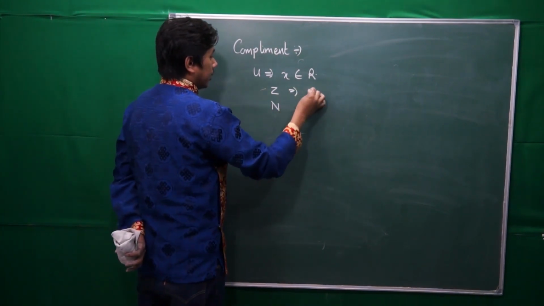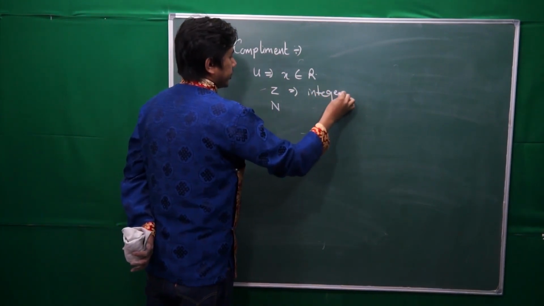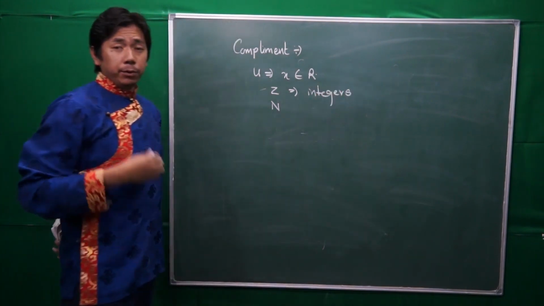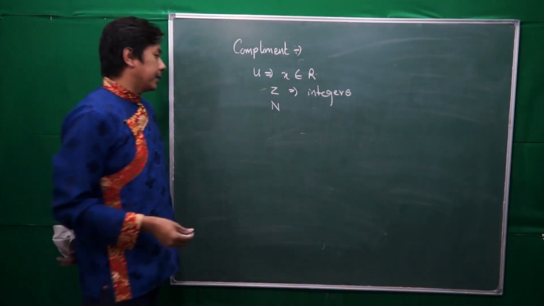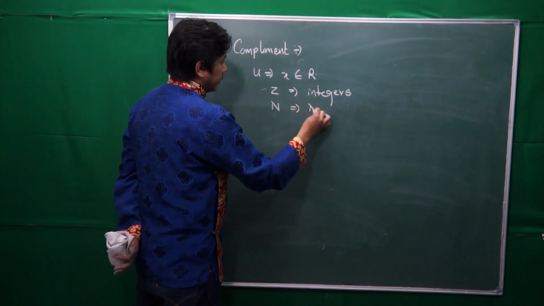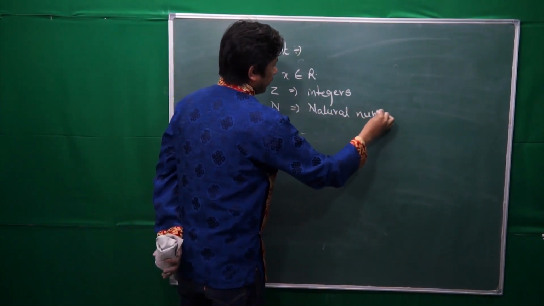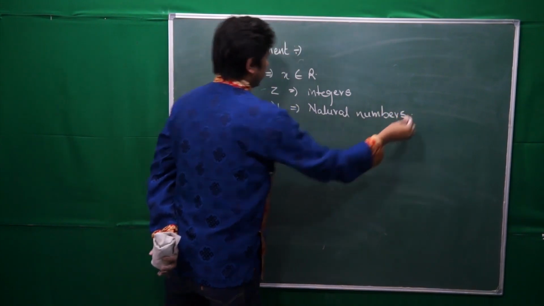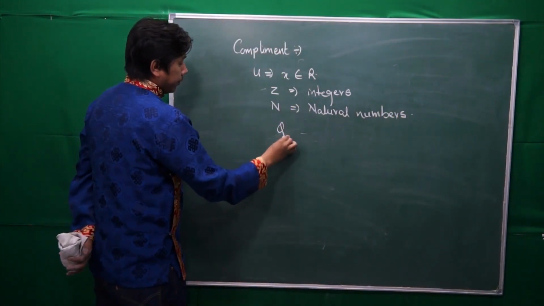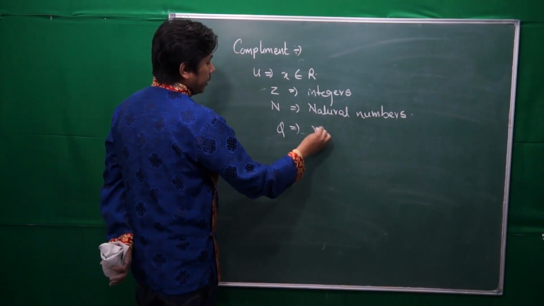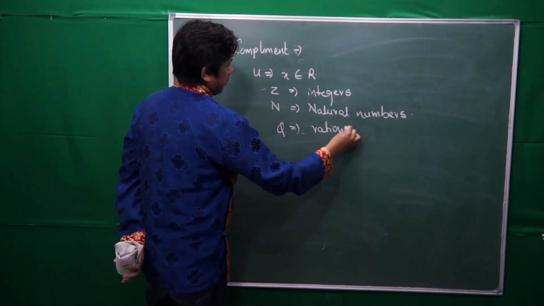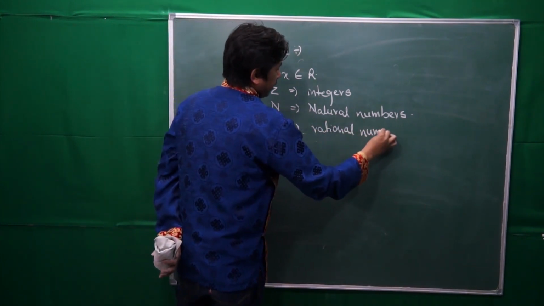Z is all the integers. In mathematics, we represent integers by capital Z. Similarly, N is for natural numbers. And then we have Q. By Q, we mean rational numbers.